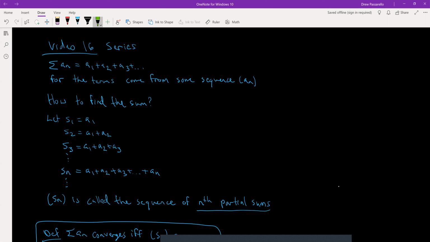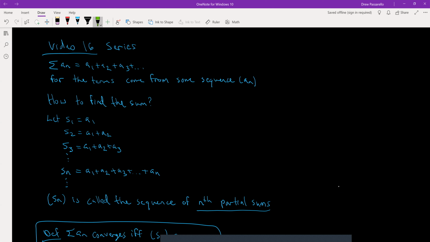Now the question is, how do you find the sum? You do this by finding a sequence of what's called the nth partial sums. So let S1 be the first term of the sequence an, so S1 is a1. S2 is the sum of the first two terms of the sequence an, so that's a1 plus a2.